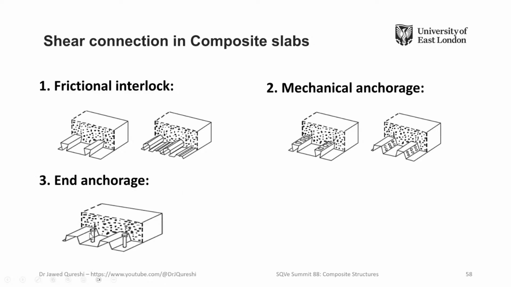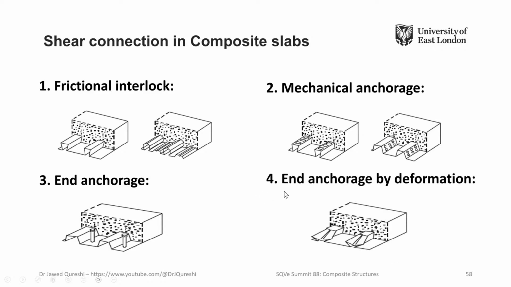Here we provide shear studs at the end, and they ensure that the concrete is not moving in any direction. And sometimes we have end anchorage by deformation as well. So here you can see we have this deformation in the sheeting that prevents the sheeting from moving anywhere. So this is how we provide shear connection in slab.